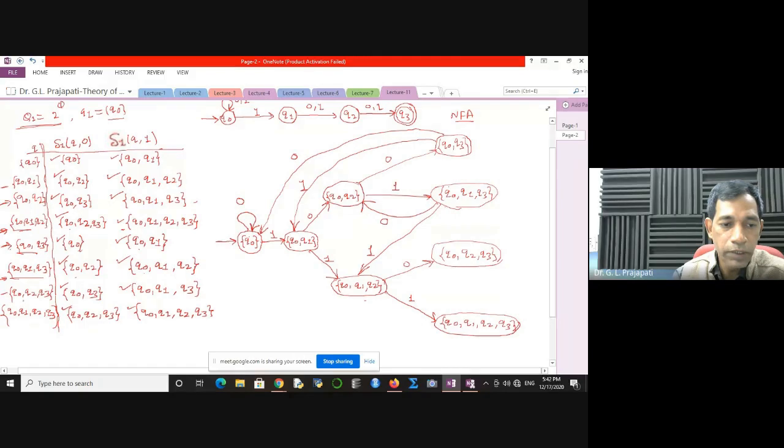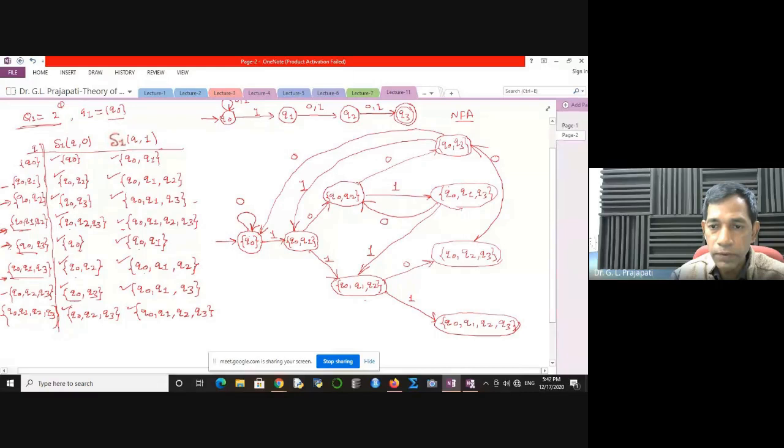Once you are at the state Q0 Q2 and Q3, for input 0 you are going to the state Q0 Q3, for input 1 you are going to the state Q0 Q1 Q3.